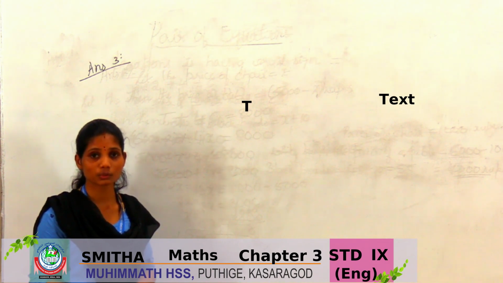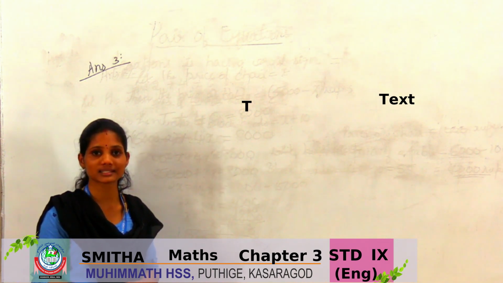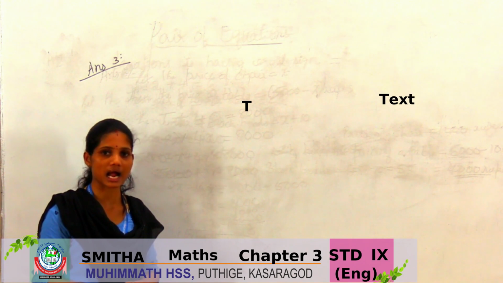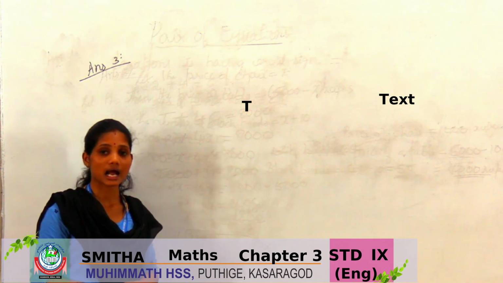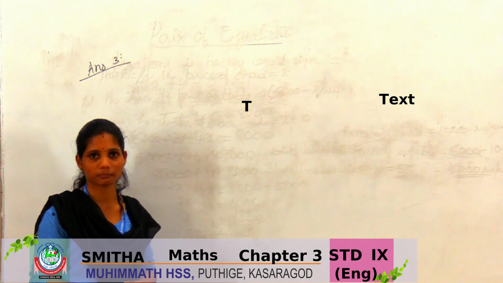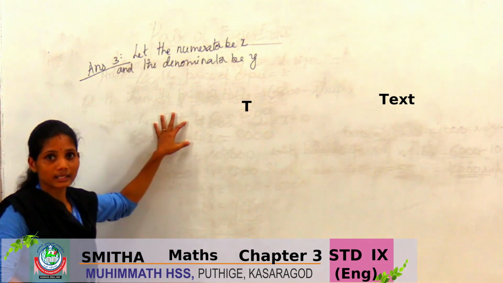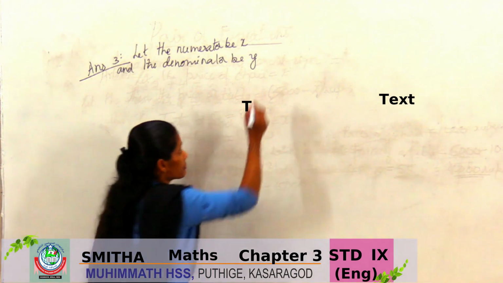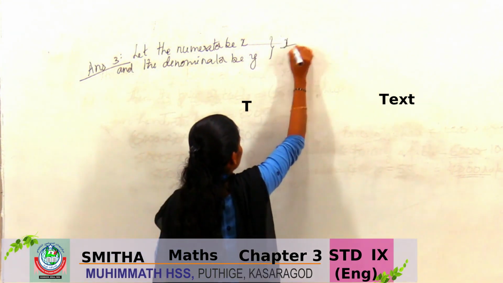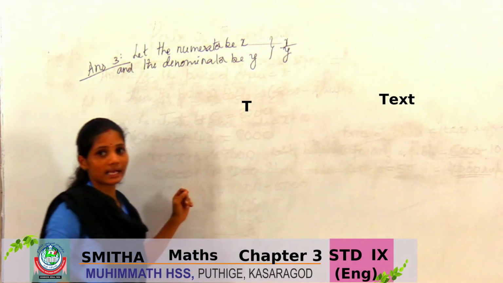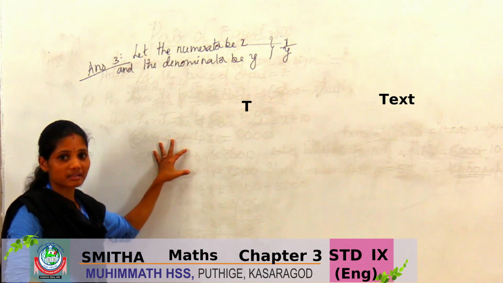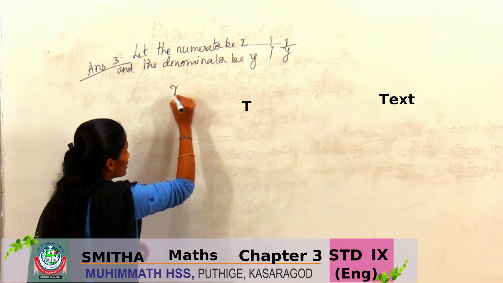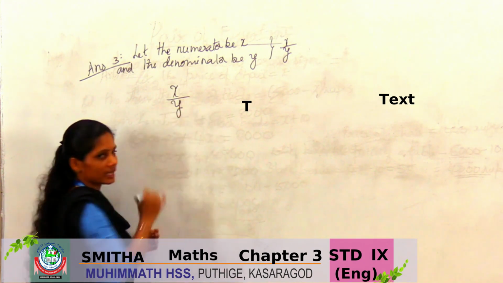Since we don't know the numerator and the denominator, let us take them in terms of x and y. Let the numerator of the fraction be x and the denominator be y. Then the fraction will be x by y.